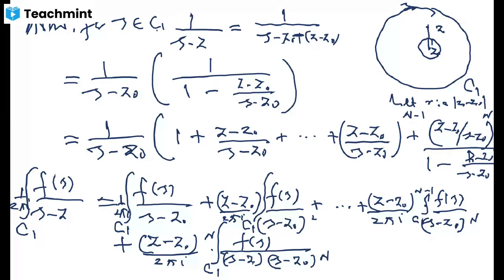Let me now give some names to these expressions. So now I can call this expression first to be a naught, and I can call the second expression to be a1, a2, and so on up to a n minus 1. And the last term here will be denoted by r n of z.